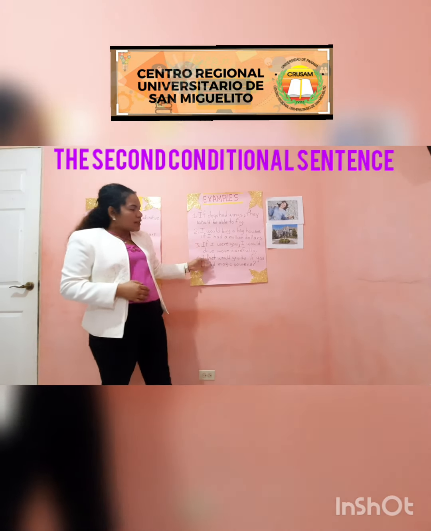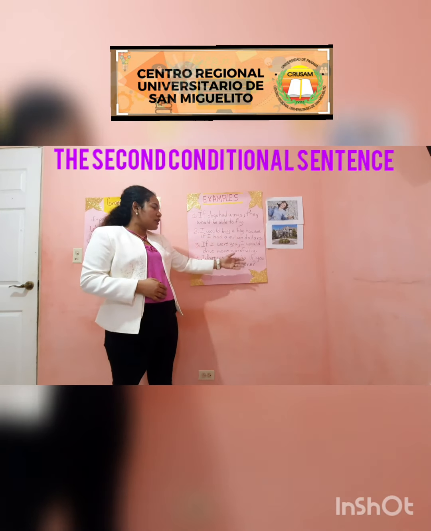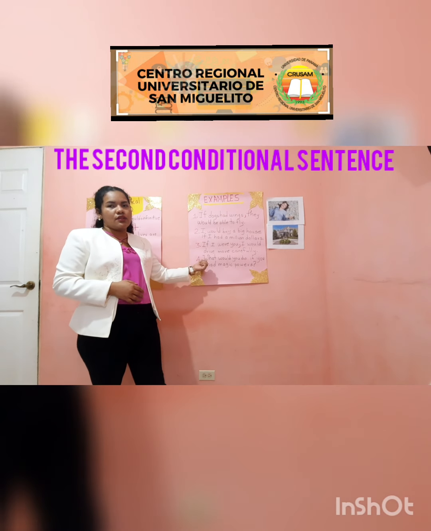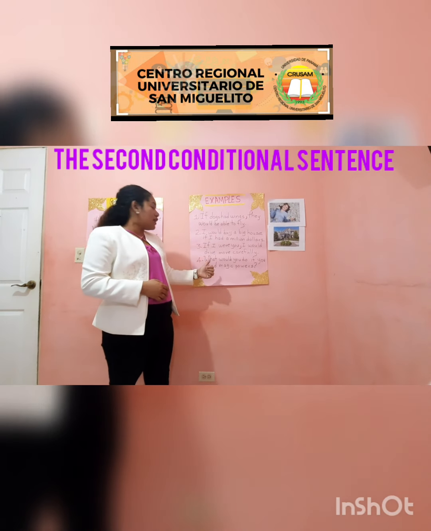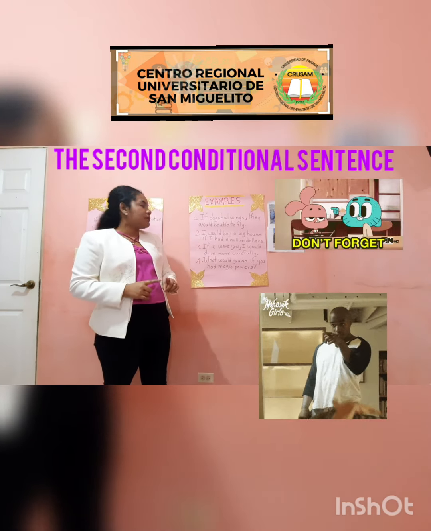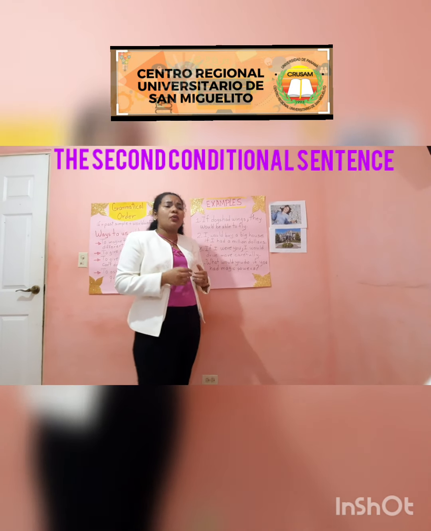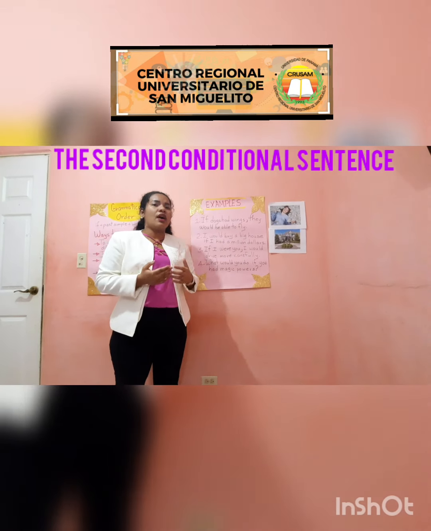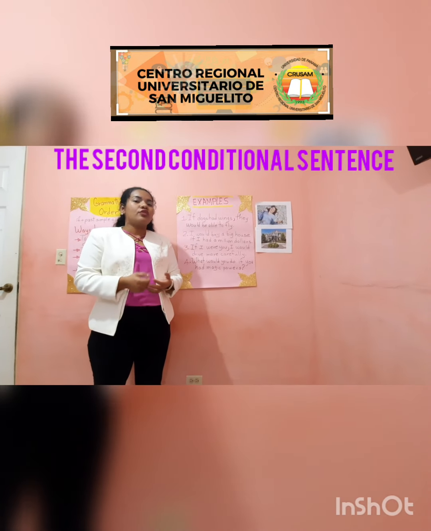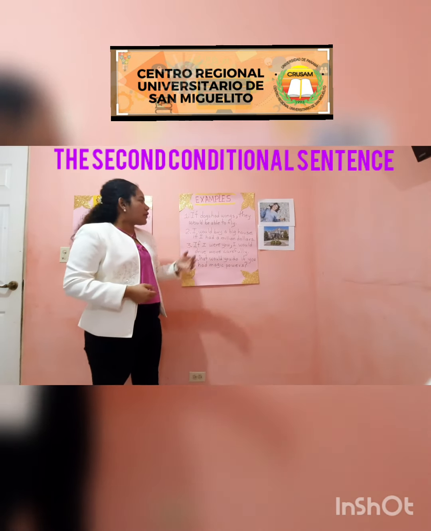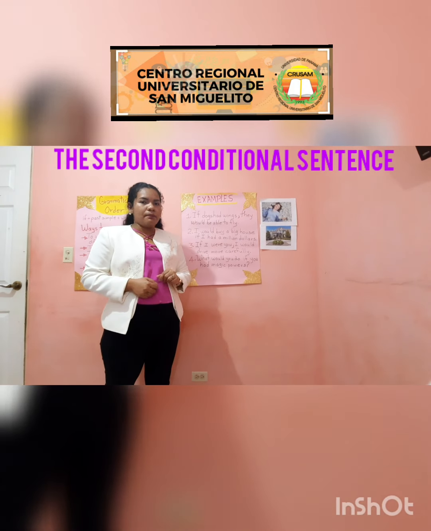In this case, there is no comma because the if is not at the beginning of the sentence. Let's keep that in mind always when you're writing a second conditional sentence, or when you are speaking, because you have to make a pause when there is a comma in the sentence, right?